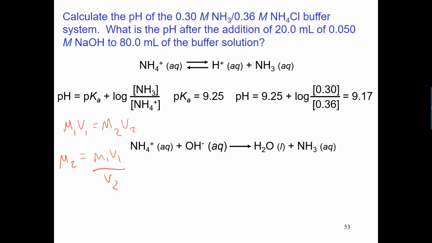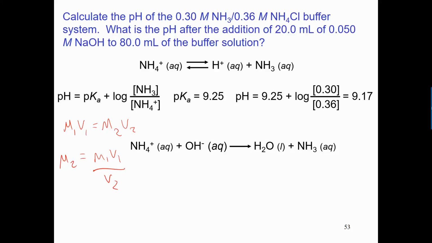So I have to calculate what the new molarity is after the addition of the 20 milliliters. Then you're going to find the pH after that? Yes. Well, that's only one step of this. This part is to find these initial concentrations after the addition of the OH minus, sodium hydroxide. Okay?